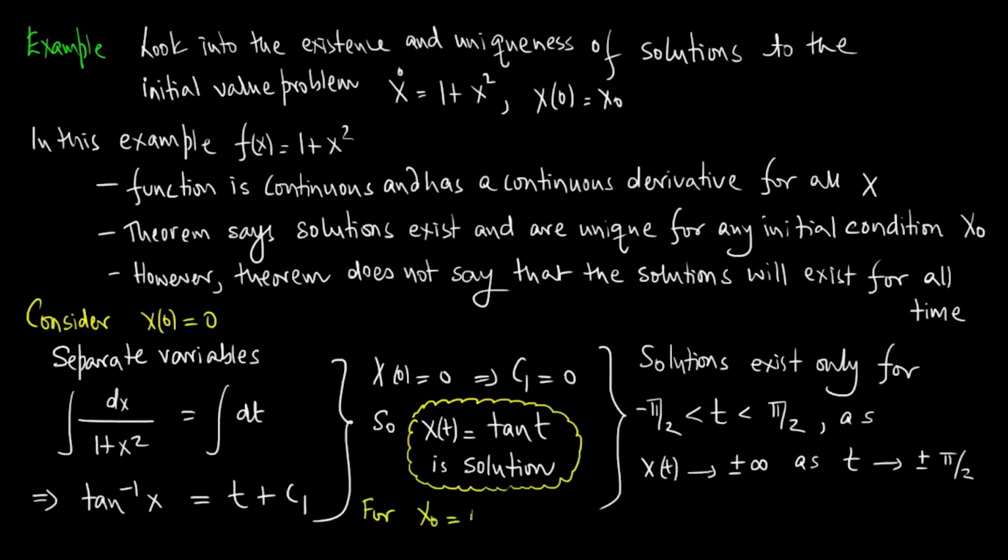For x of 0 is equal to 0, there is in fact no solution outside the above time interval. So essentially we have an example here where the solutions exist, but they only exist for a certain time interval.